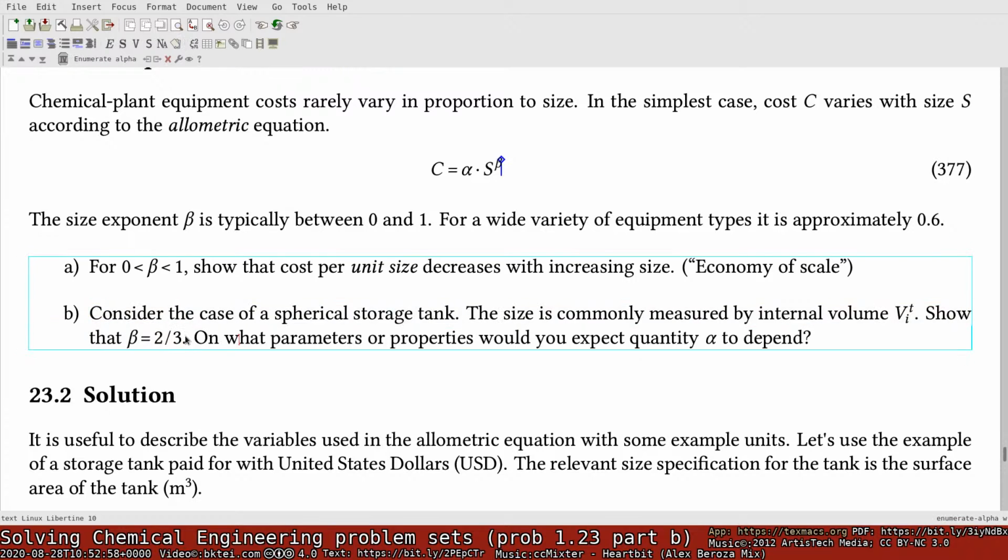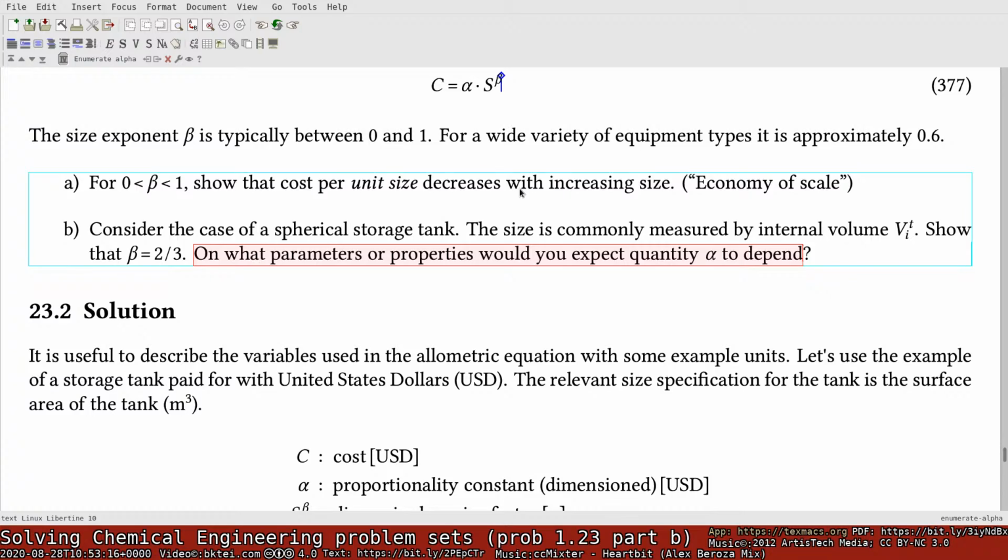Back up here. It says, on what parameters or properties would you expect alpha to depend? In this case, alpha would probably depend on, I think that's the hint to solve the problem, its cost is proportional to surface area.